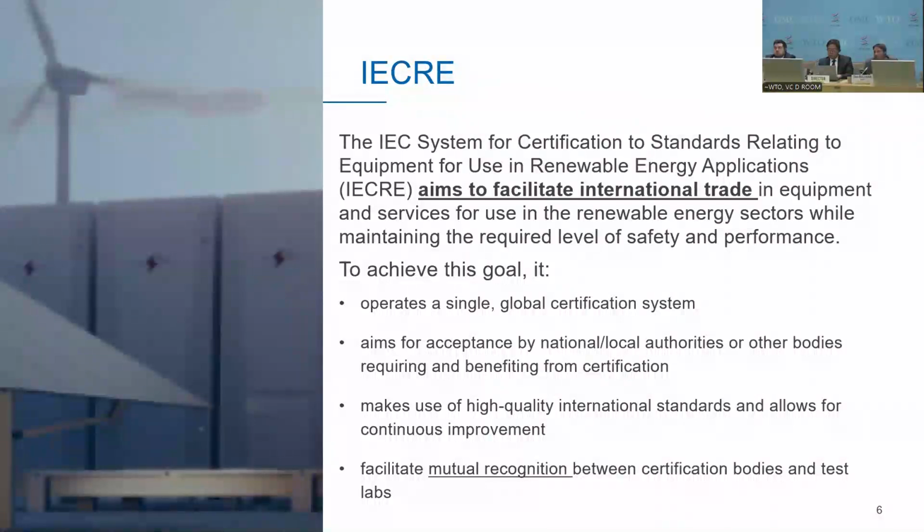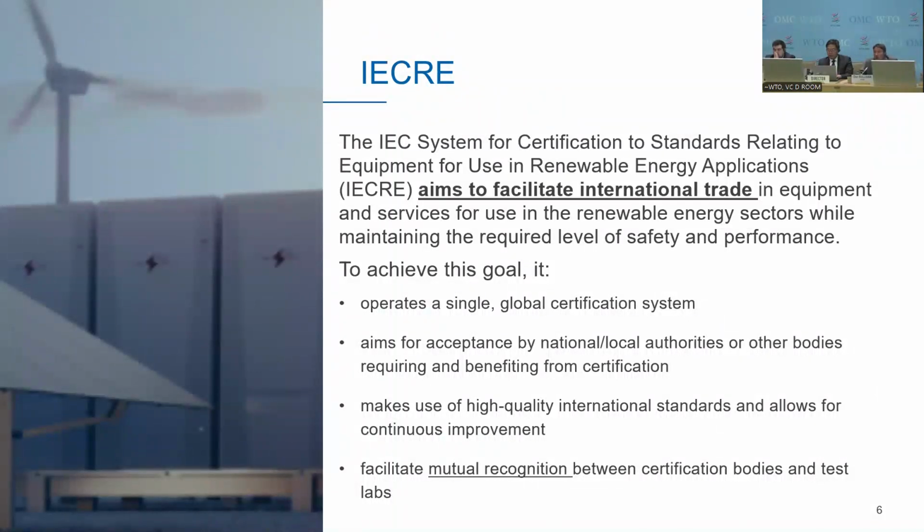So the important takeaway from this particular slide is that one of the major aims of the IECRE is to facilitate international trade. And one of the primary points I want to draw your attention to on this particular slide is that to facilitate this international trade is something called mutual recognition.